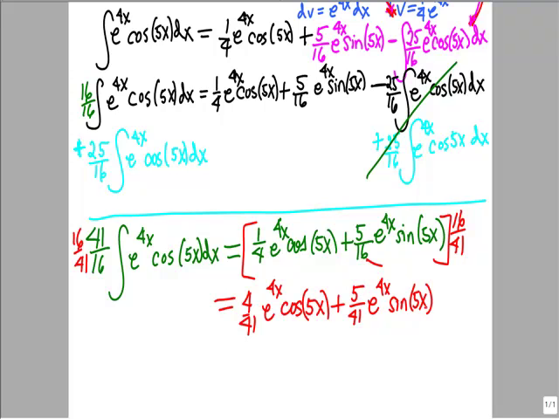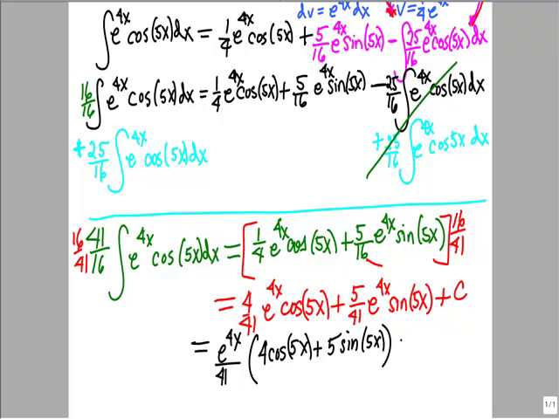And any antiderivative must have a plus c at the end, at the very end in the problem. So now the book would do this for the answer. They take out e to the 4x over 41, and you're left with 4 cosine 5x plus 5 sine 5x plus a constant.